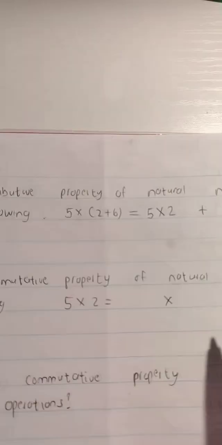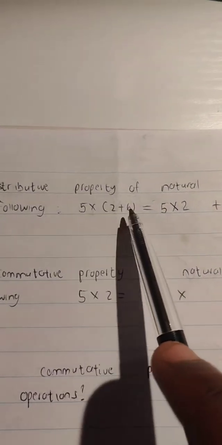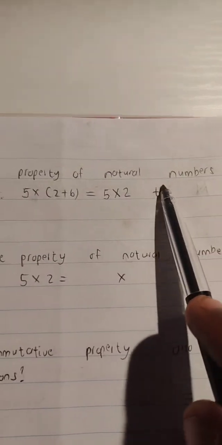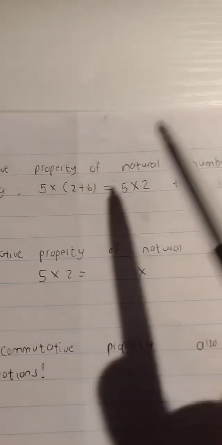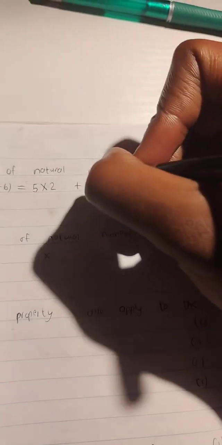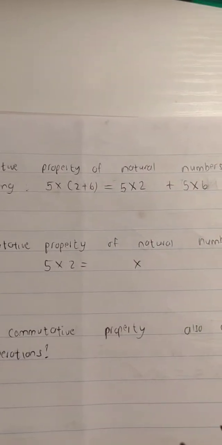This will be 5 times 2, because the 5 gets multiplied to the 2, then there's a plus sign in between, then we say 5 times 6.